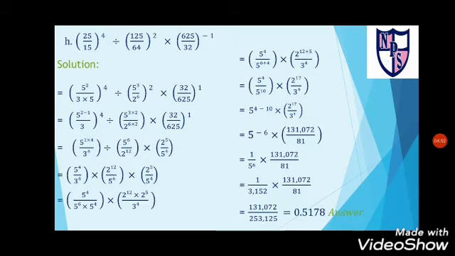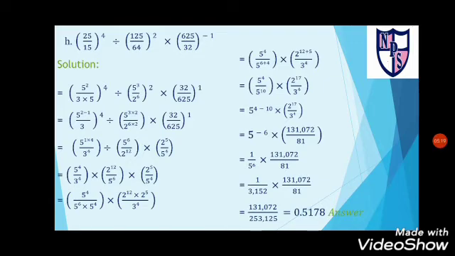As you can see, the third fraction has a negative power, so take the reciprocal of the third fraction to make the power positive. In the next step, you can see that we have two same bases in division, 5 power 2 and 5 power 1. So we will subtract the power of the denominator from the power of the numerator. So we will write 5 power 2 minus 1 upon 3 and the whole power is 4, divided by.